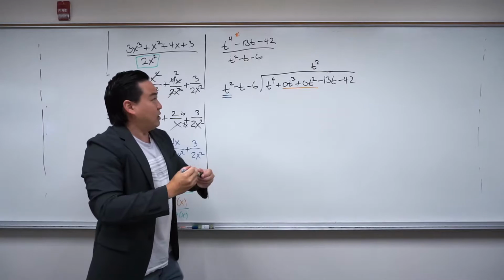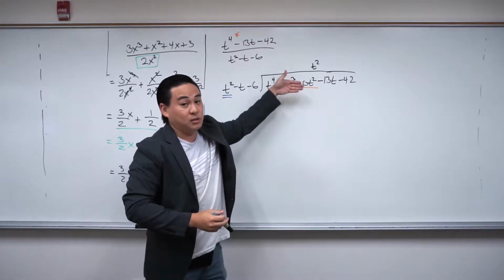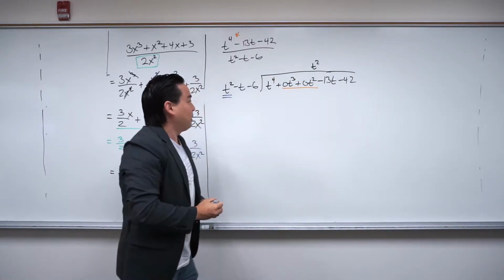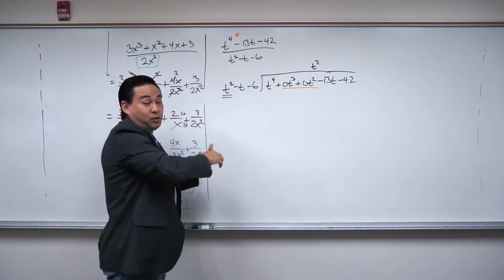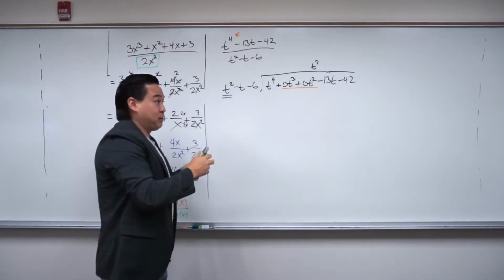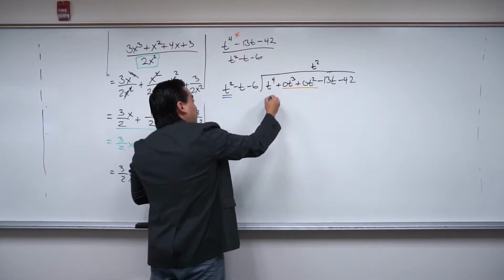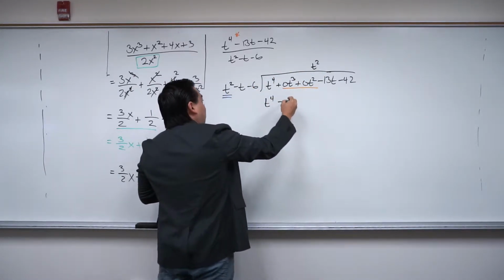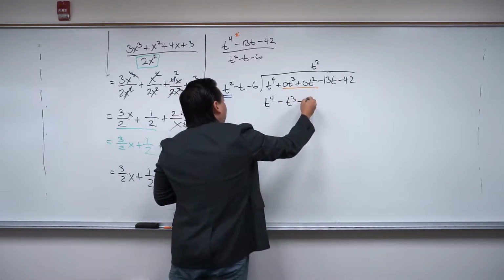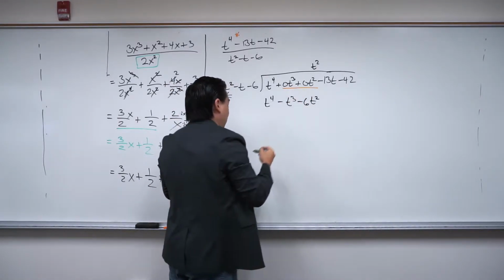This is the reason you want to start lining things up. You see how it's above the t squared section. Once we have that number, we do the multiplication itself. This times the whole thing gives you t to the 4th minus t to the 3rd minus 6t squared.